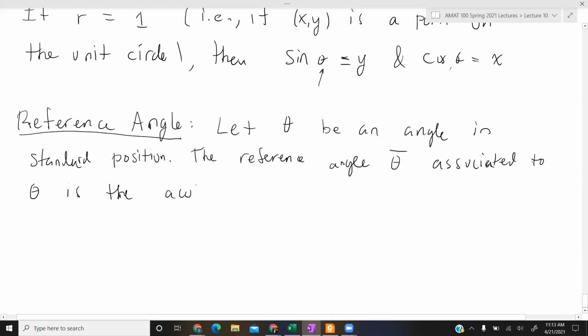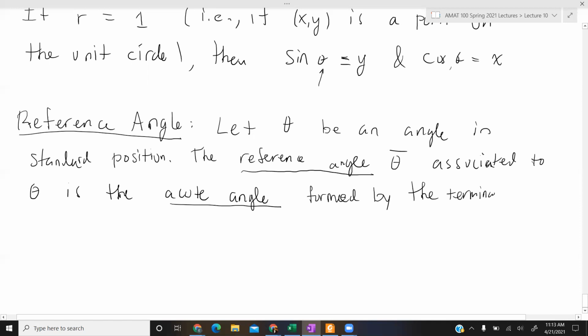The reference angle is the acute angle formed by the terminal side of theta and the x-axis.